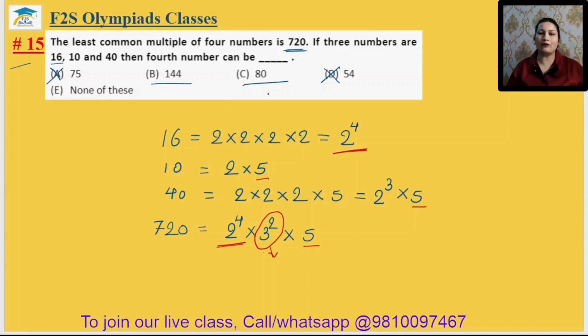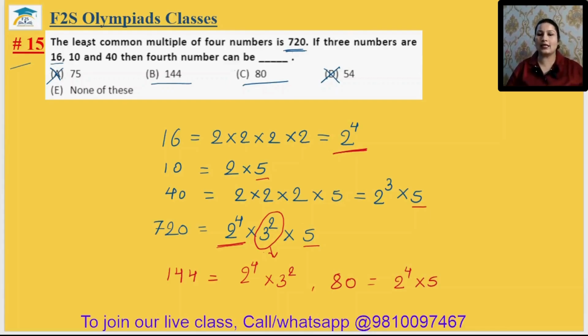Now prime factorize the options. If you prime factorize 144, it will be 2 to the power 4 multiplied by 3 to the power 2. And if we prime factorize 80, it will be 2 to the power 4 multiplied by 5.